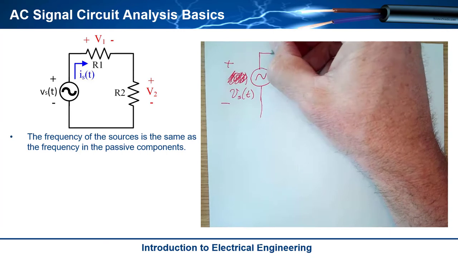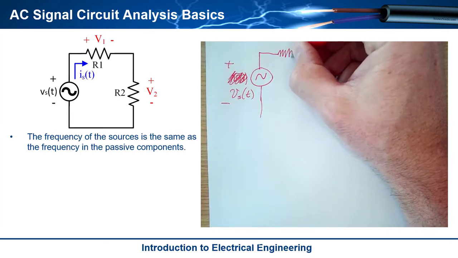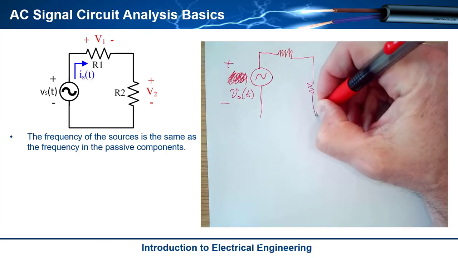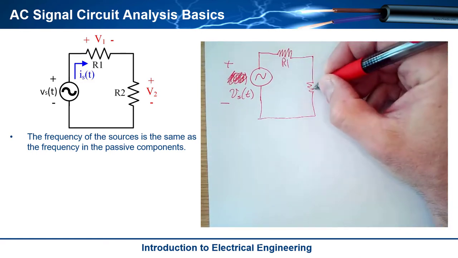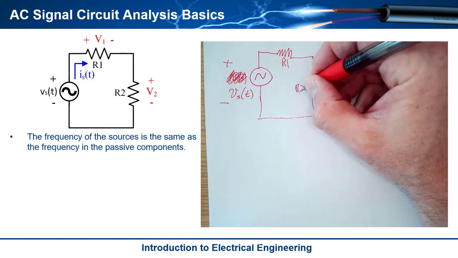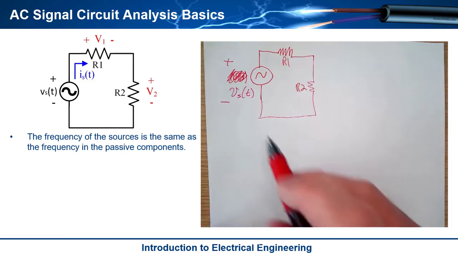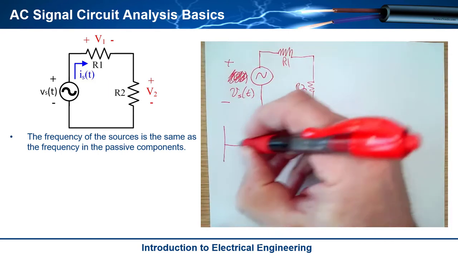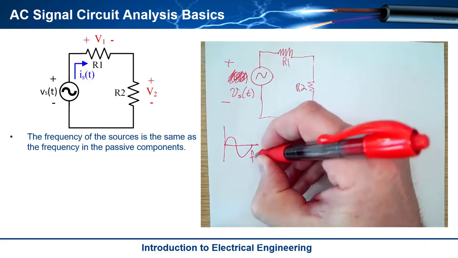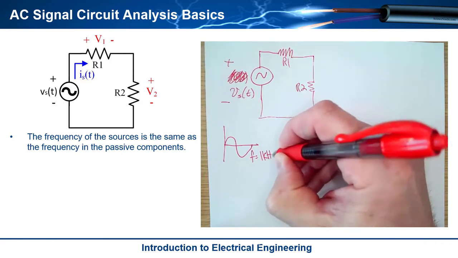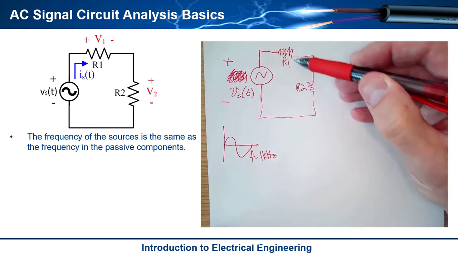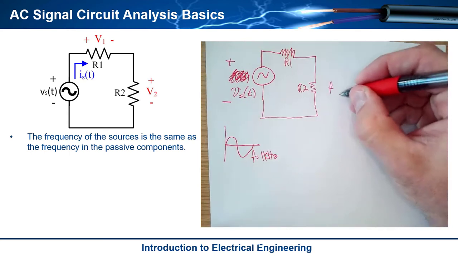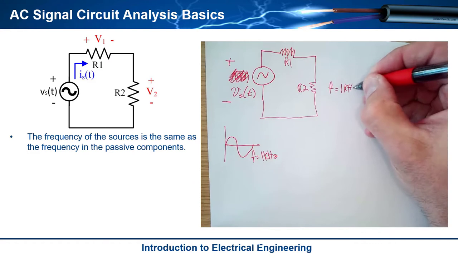Here's the first big thing that happens. When you have this circuit right here, a single source, the frequency of the source is the same as the frequency in all the passive components. So if you have a sine wave over here with some frequency, let's say 1 kilohertz, the voltages that you'll see across these resistors will also have a frequency of 1 kilohertz.